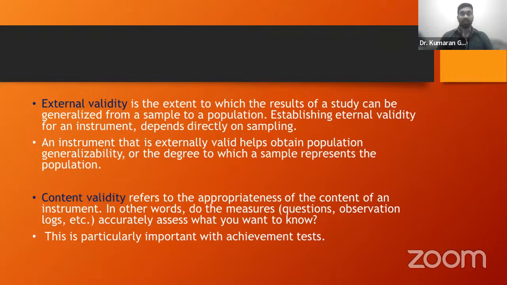Not only that, to get this content validity and language validity, we must get a letter from our university, our organization, or the research department, and we must give an appointment letter to them.